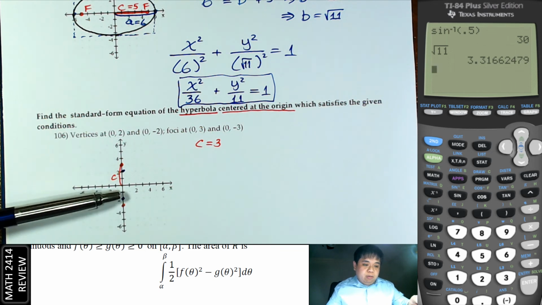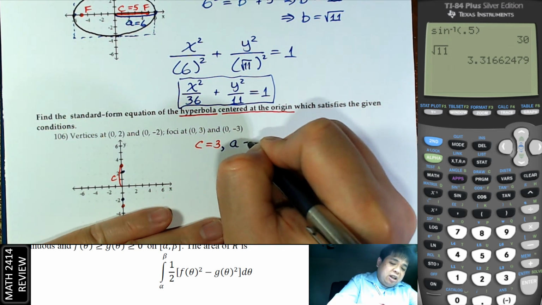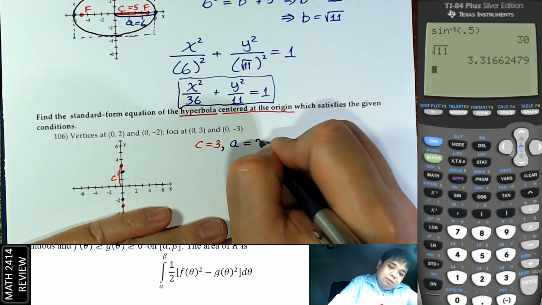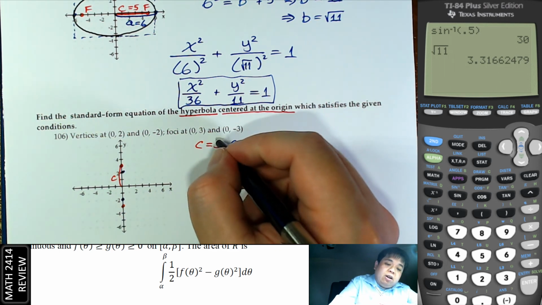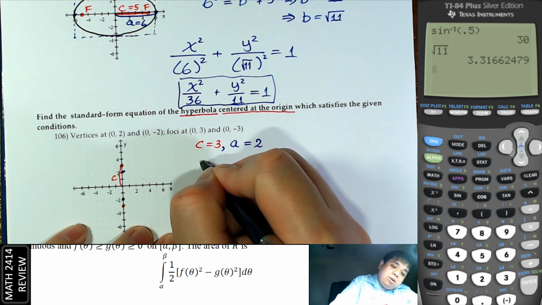And the distance from the center to the vertex is, let's call that A. And for the hyperbola, from the center to the focus, that is the biggest distance, so it stands by itself.